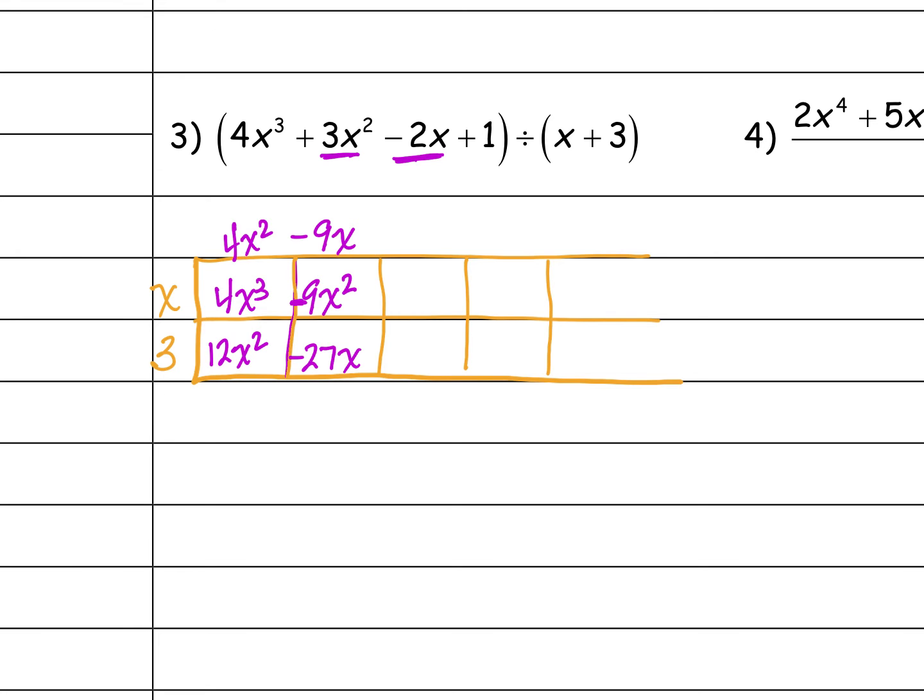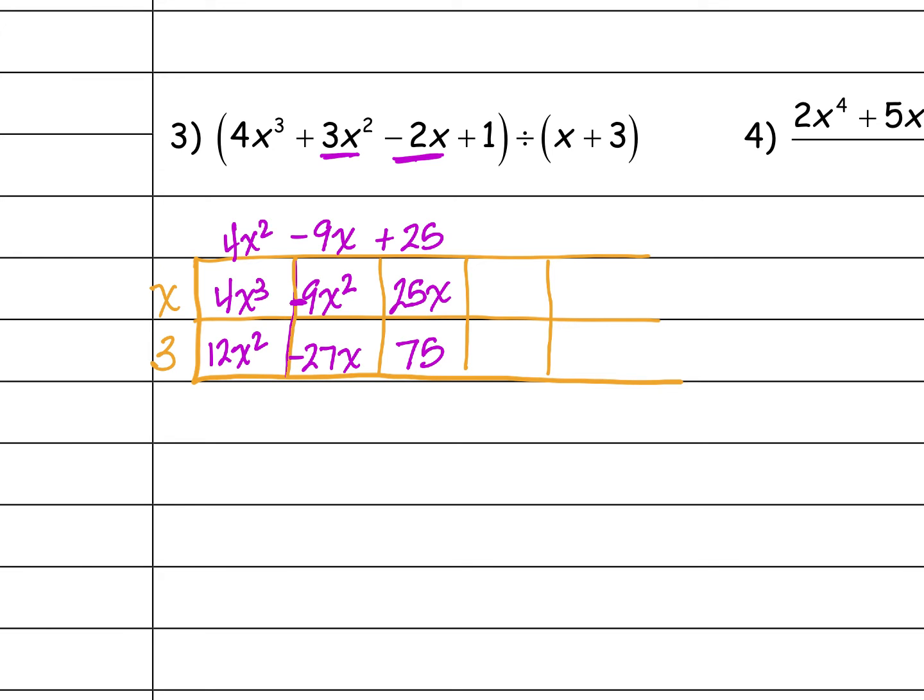And now this time I want it to add to negative 2x. So what do I add to negative 27x to get negative 2x? 25x. Okay. And what do I multiply x by to get 25x? Plus 25. And 25 times 3 is 75.